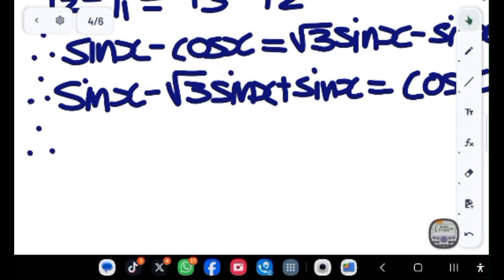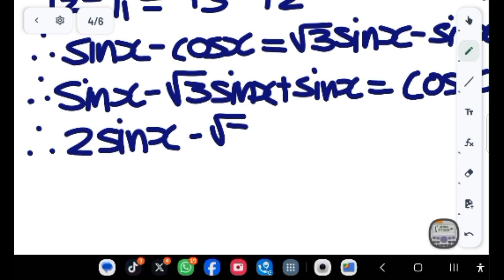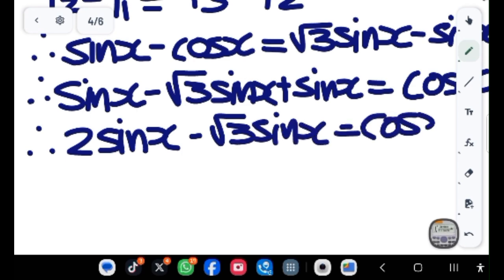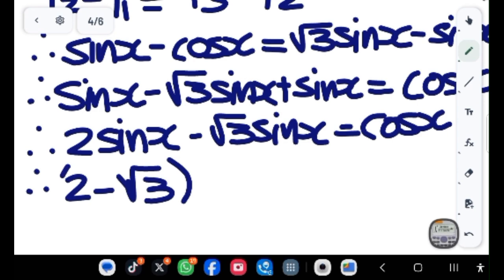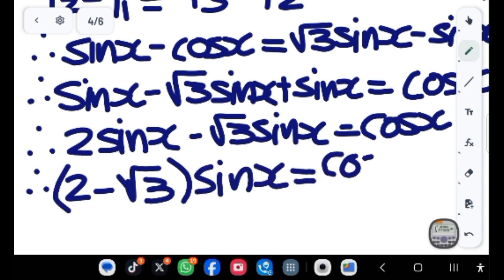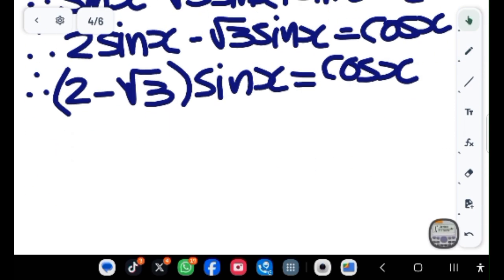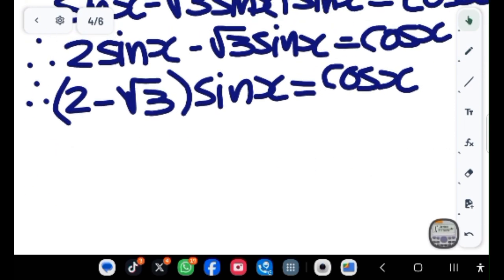So this is 2 sin x minus root 3 sin x, and this equals cos x. Let's simplify this. Use whatever knowledge you have of simplifying trigonometric ratios to simplify this.